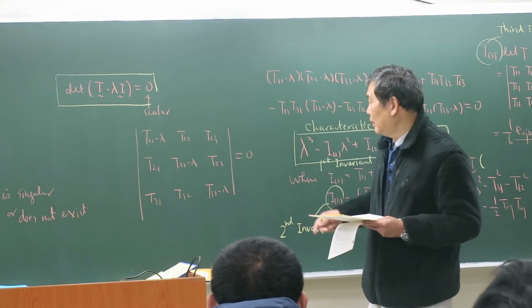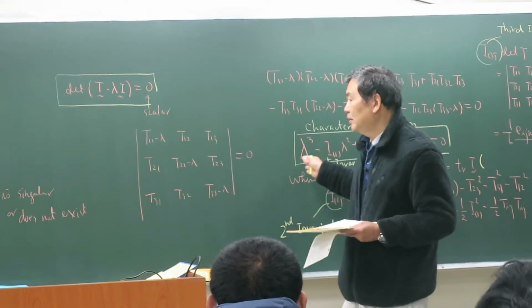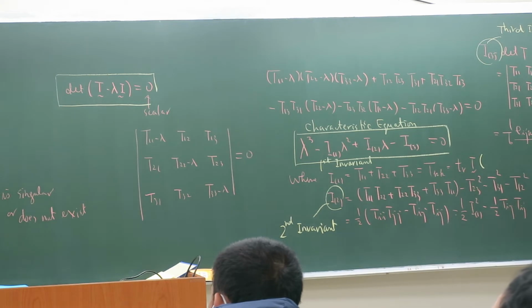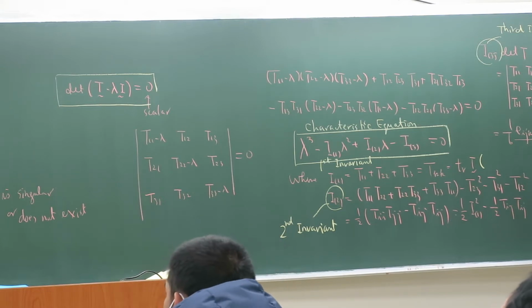Okay? So once you determine the eigenvalue, then you can go back to this equation to determine the eigenvector. Okay, so for each lambda i, you have an eigenvector, maybe eigenvector i.